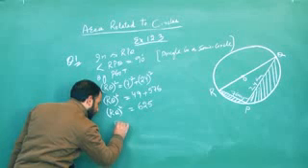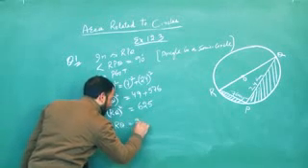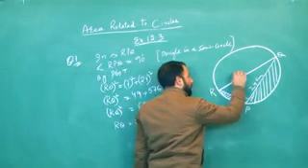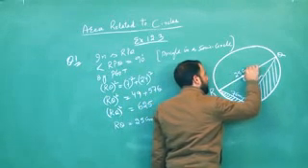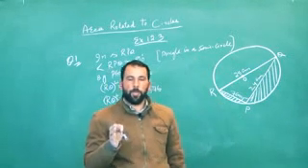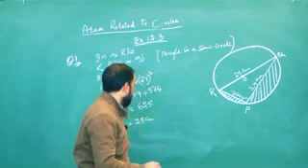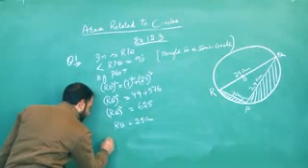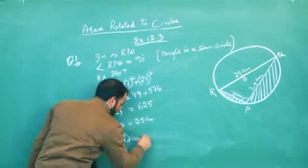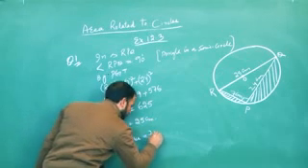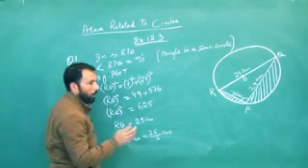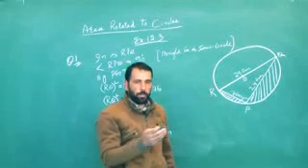We can write RQ is equal to 25 centimeter. Clearly, RQ is the hypotenuse of the triangle as well as the diameter of the circle. Therefore, radius is equal to 25 divided by 2 centimeter, the radius of this semicircle.